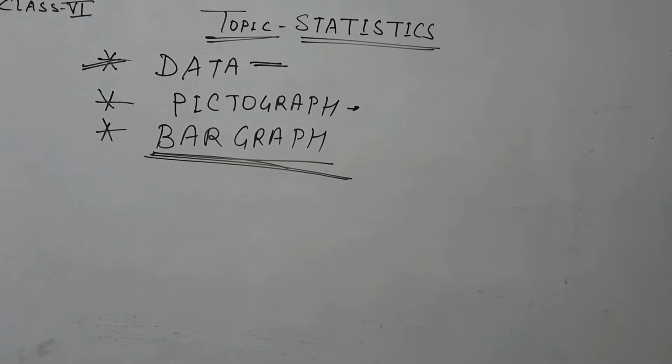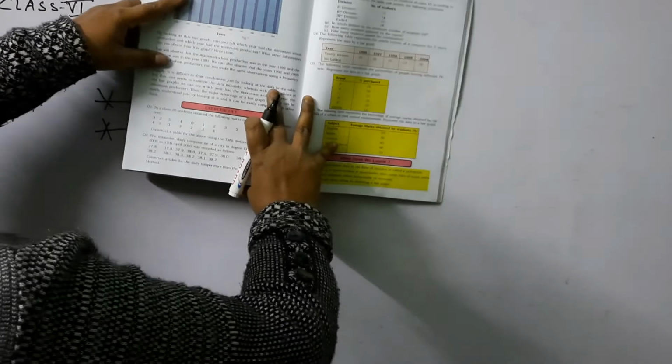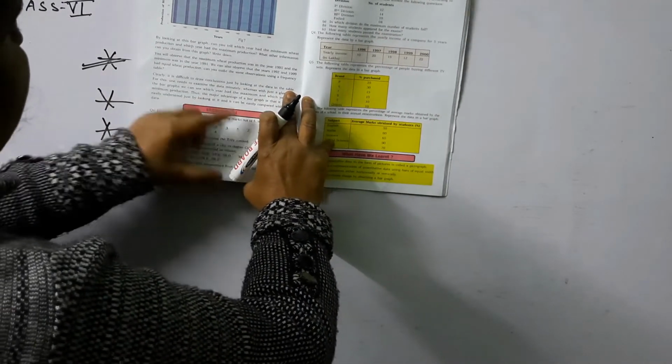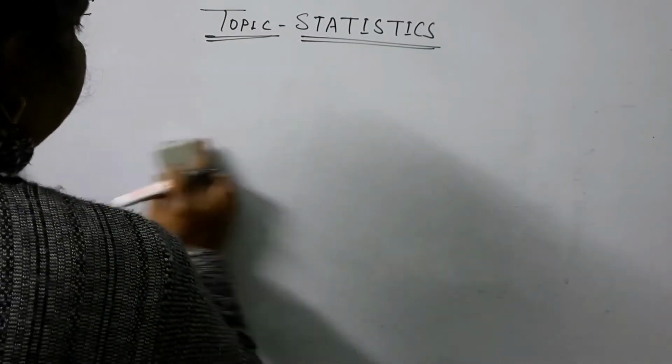First question from your book I am taking. See here students. In a class, 20 students obtained the following marks out of 5. See, I am writing the marks.